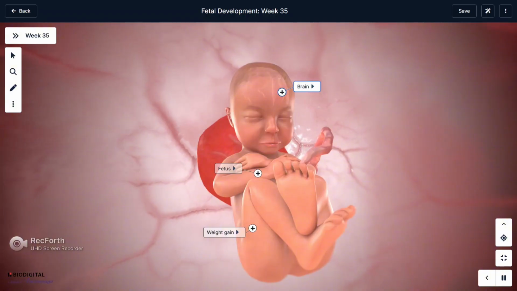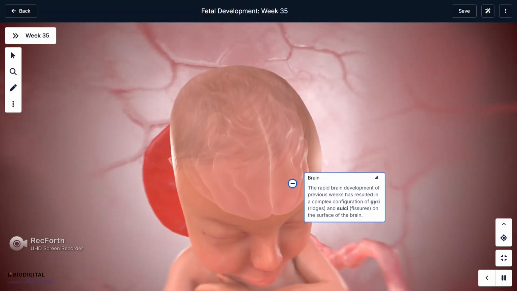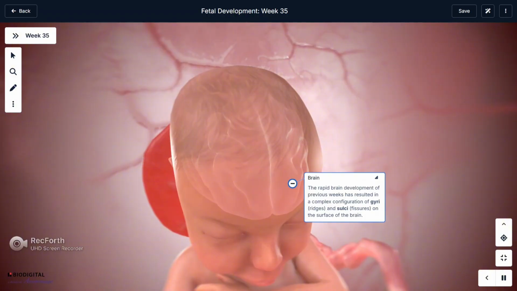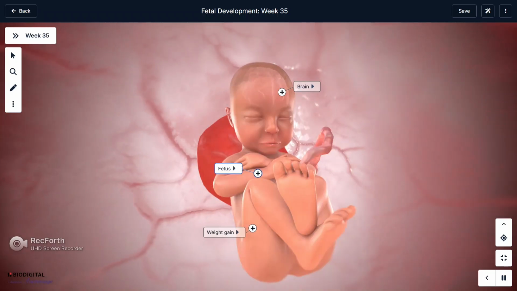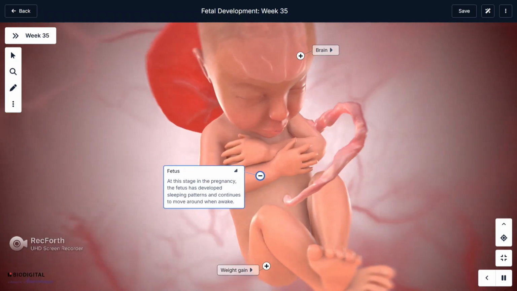And by week 35, the rapid brain development of the previous weeks has resulted in a complex configuration of gyri or ridges and sulci or fissures on the surface of the brain. At this stage in the pregnancy, the fetus has developed sleeping patterns and continues to move around when awake.